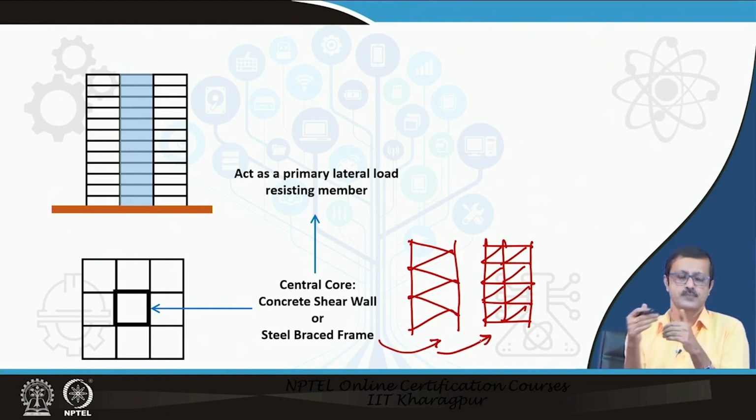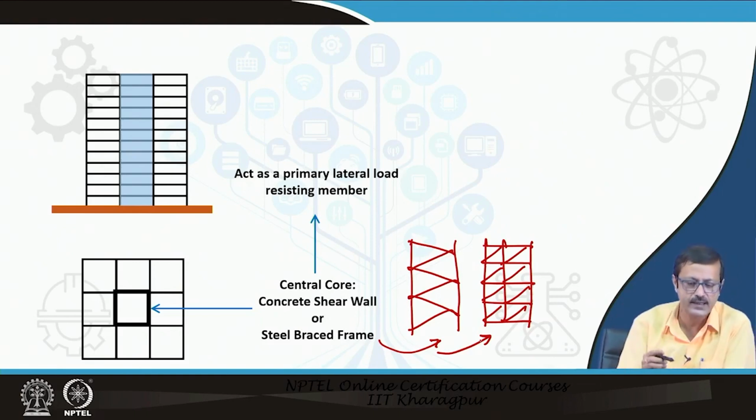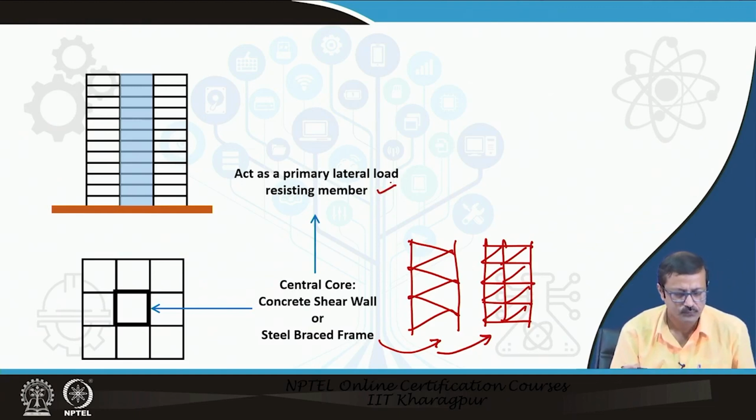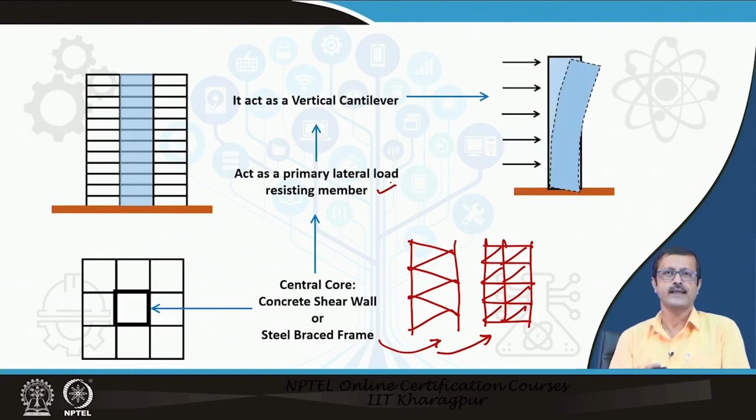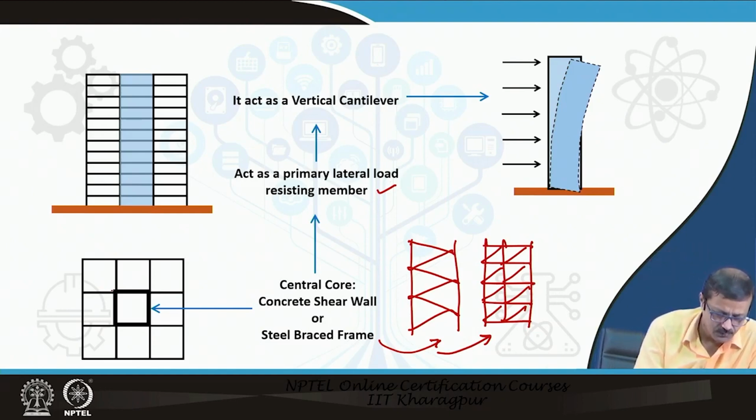So that creates this particular core, and this core will be taken from the ground or from the foundation to the top, and that acts as the primary lateral load resisting frame. There are some outward areas also, but a significantly smaller amount of structural system will be there.